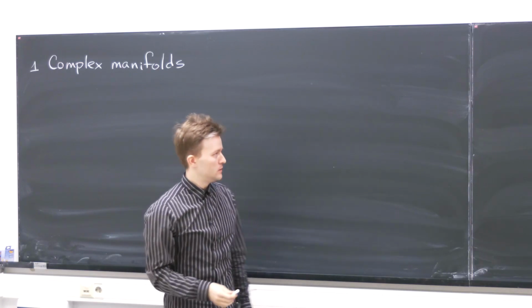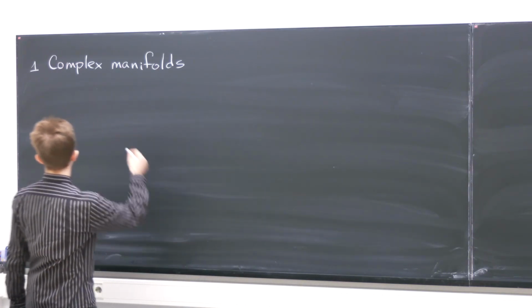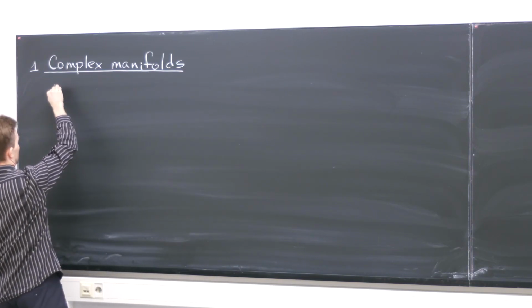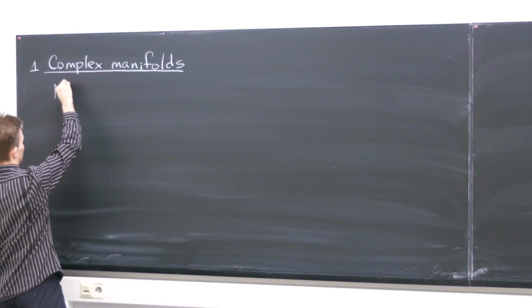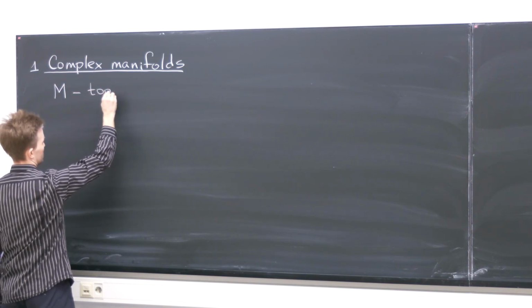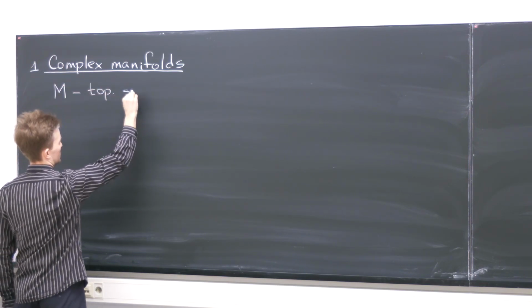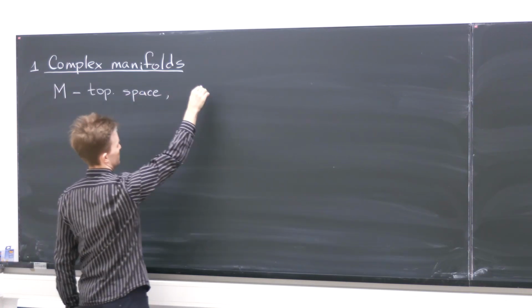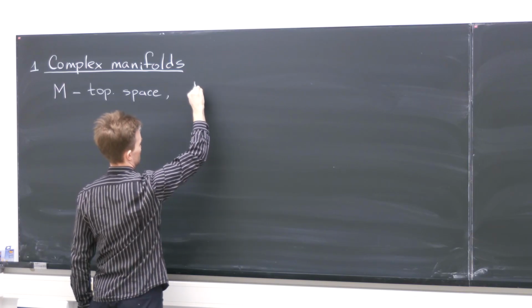All right, so I will just introduce some notation first of all. Let's say we have some topological space M, and we have some open cover of this topological space.